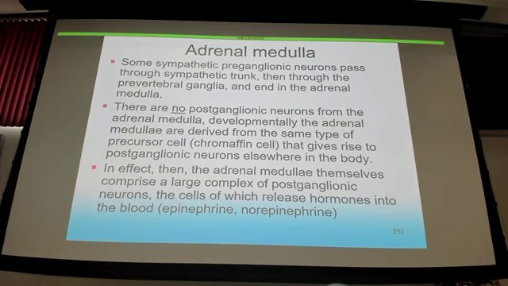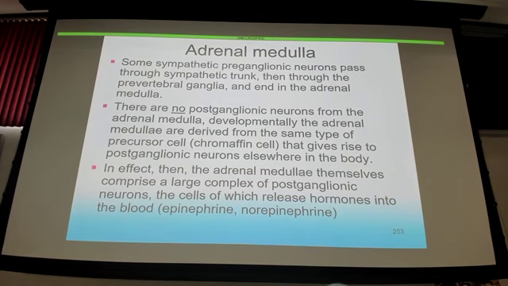But postganglionic neurons, when you look at embryological development, are derived from what's called a chromaffin cell. So chromaffin cells give rise to postganglionic neurons. But in this case, we're talking about the adrenal medulla, and it's kind of special because it's just packed full of chromaffin cells.